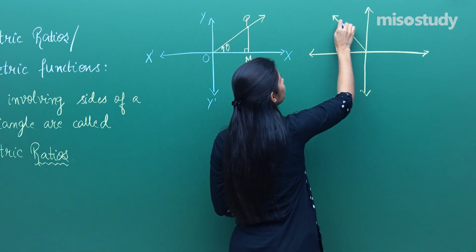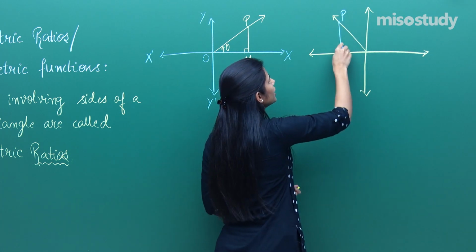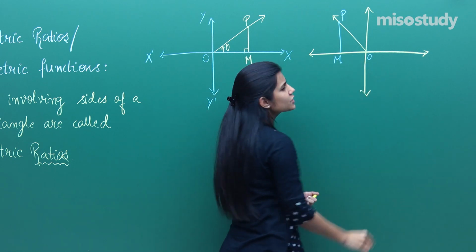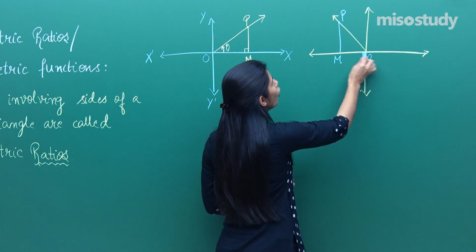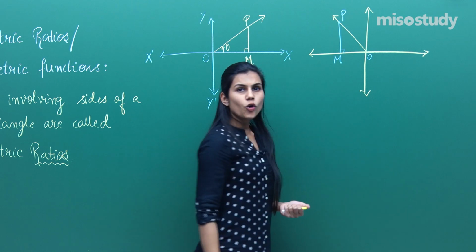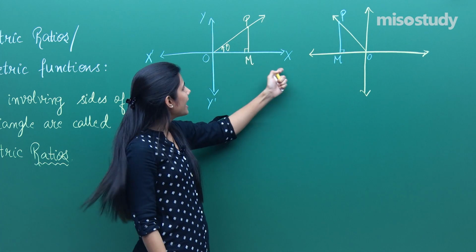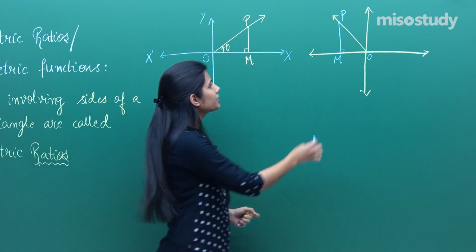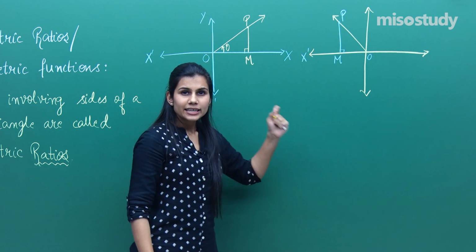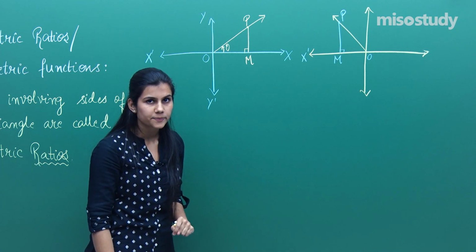In that case, if I take a point P on the terminal side and drop a perpendicular PM on the x-axis, again this results in OMP, which is a triangle of reference. The only difference is that these two angles have their terminal sides lying in two different quadrants.